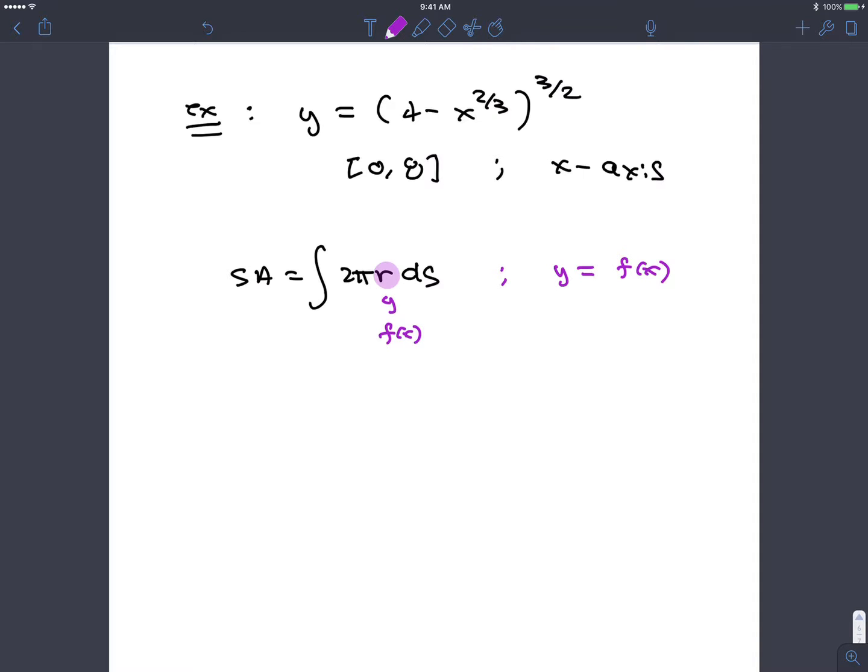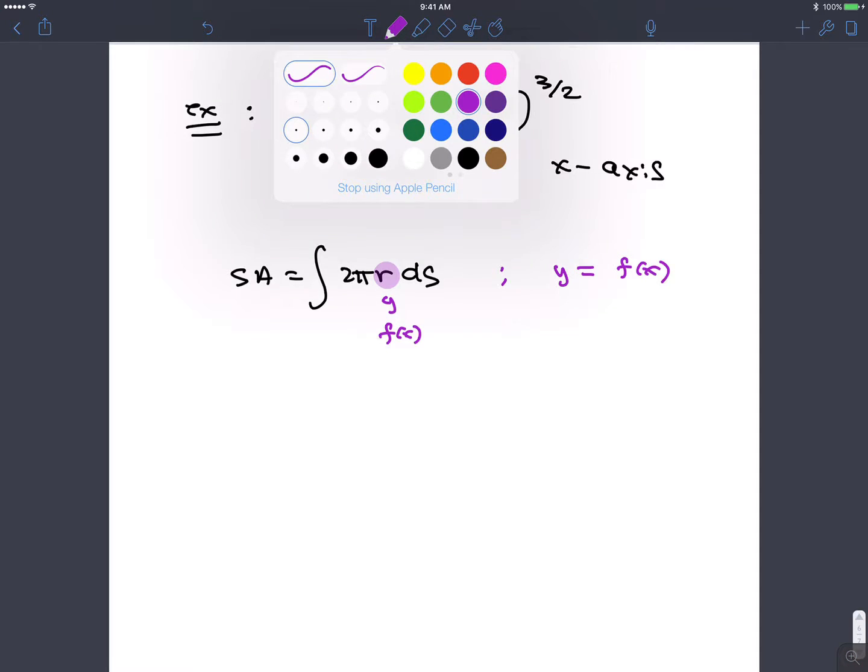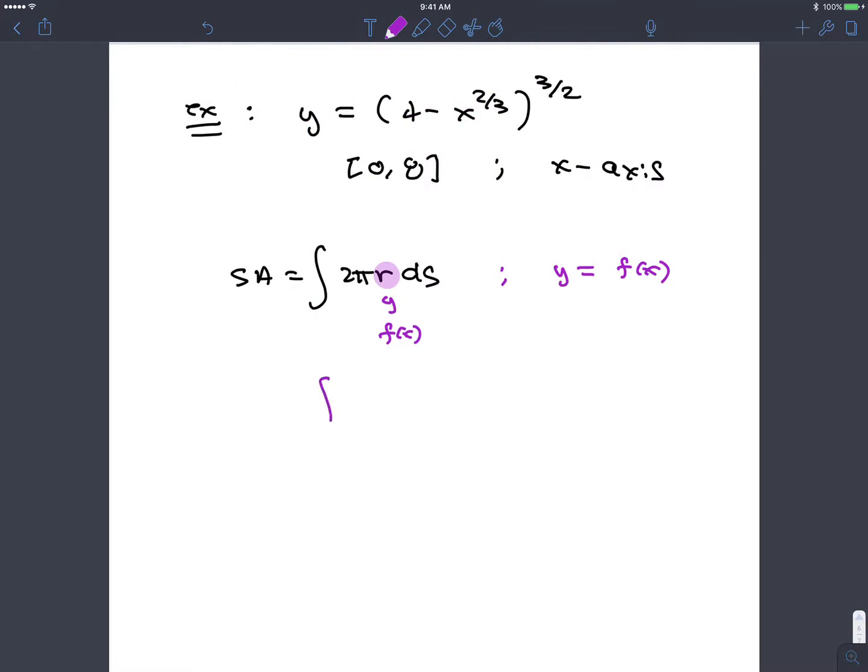Is that true? So you might want to think about this and say, all right, surface area will be the integral of 2 pi f of x ds. You're rotating about the x-axis, a function of x. Y is a function of x here.